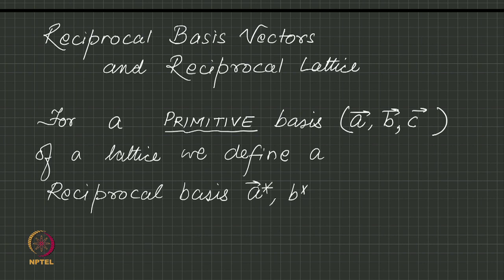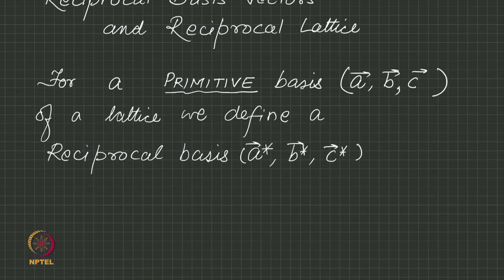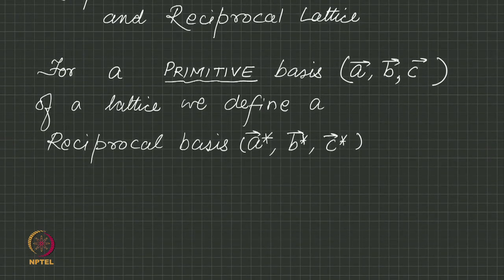A star, B star, C star. We are just defining three new vectors. We have A, B and C given to us. In terms of those three vectors, I am defining three new vectors, A star, B star, C star, by the following relation.